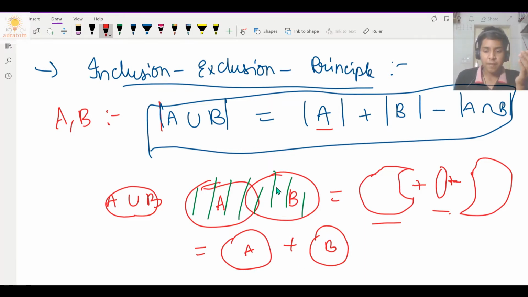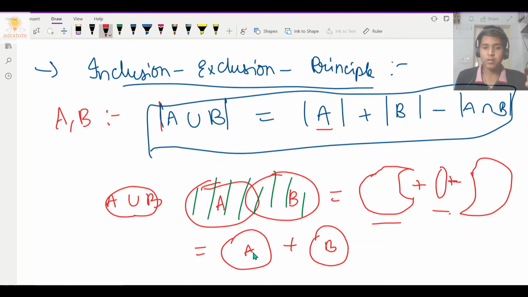Because when we add A and B here, we add this part twice, right? Because we add it from A once and we add it from B one more time, right? So when we add A and B, we'll add this part from A, we'll add this part twice from A and B, and we'll add this part from B.